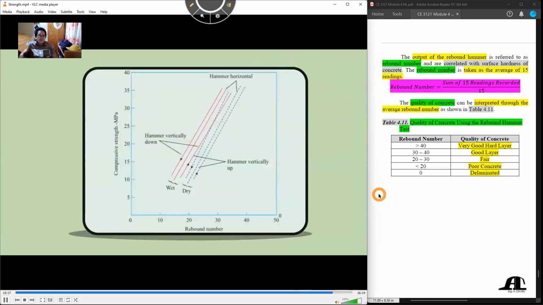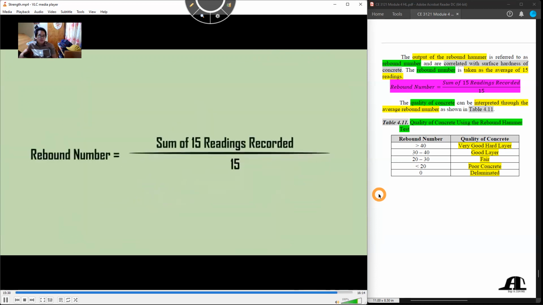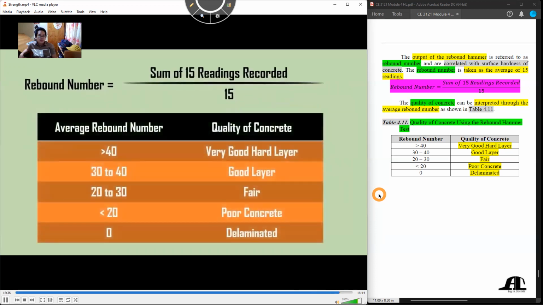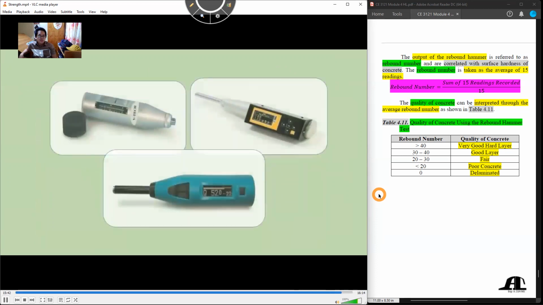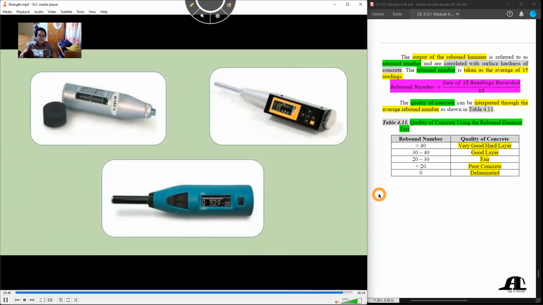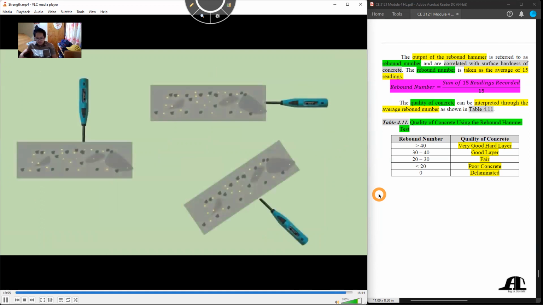The typical relationship between compressive strength and rebound number, with the hammer horizontal and vertical on a dry or wet surface of the concrete, is shown on the screen. The value of the rebound number is taken as an average of 15 readings. The table shown on the screen shows the average rebound number and quality of concrete. There are many types of rebound hammer which vary considerably in performance and need calibration for use on different types of concrete. This test can be conducted horizontally, vertically, or at an inclined angle.